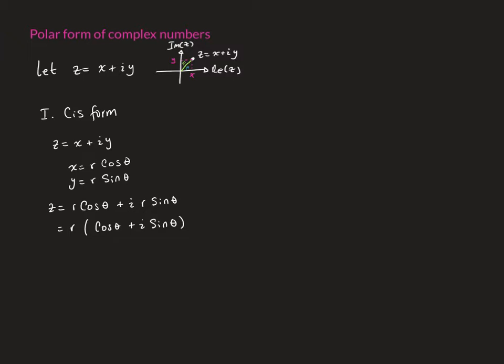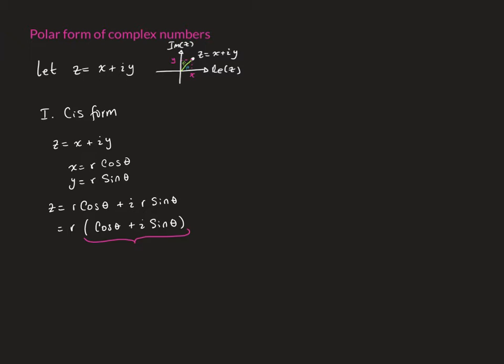R common factor of cosine of theta plus i sine of theta. The number in this bracket is a complex number with magnitude of 1, and it is purely a function of theta.